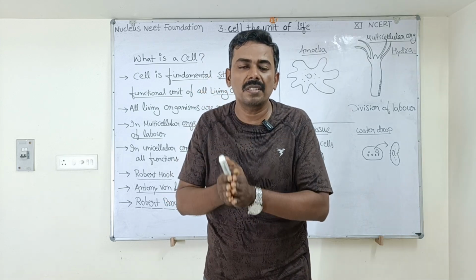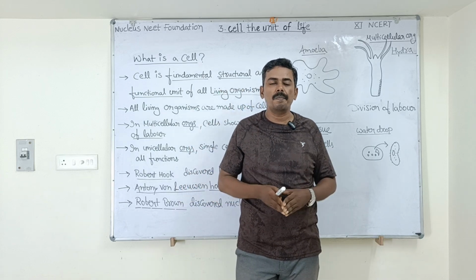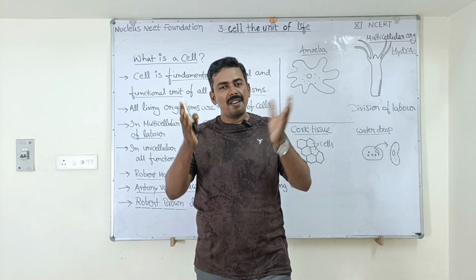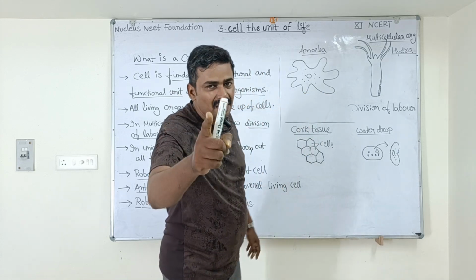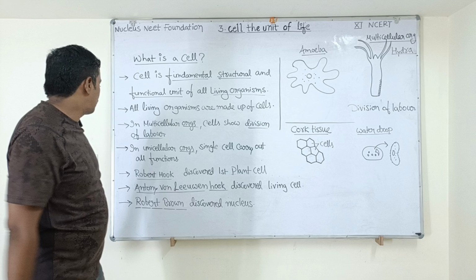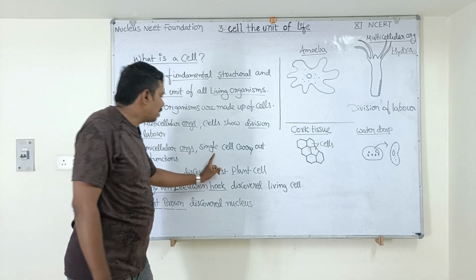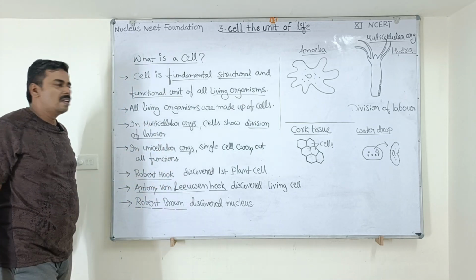For example, the nerve cells will carry out the function of transmission of nerve impulses, whereas the cells which are present in the kidneys will carry out the function of excretion. Understood, students?